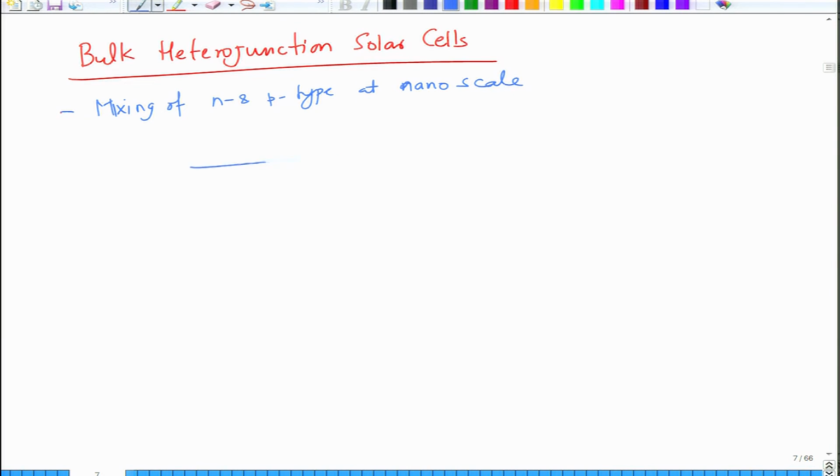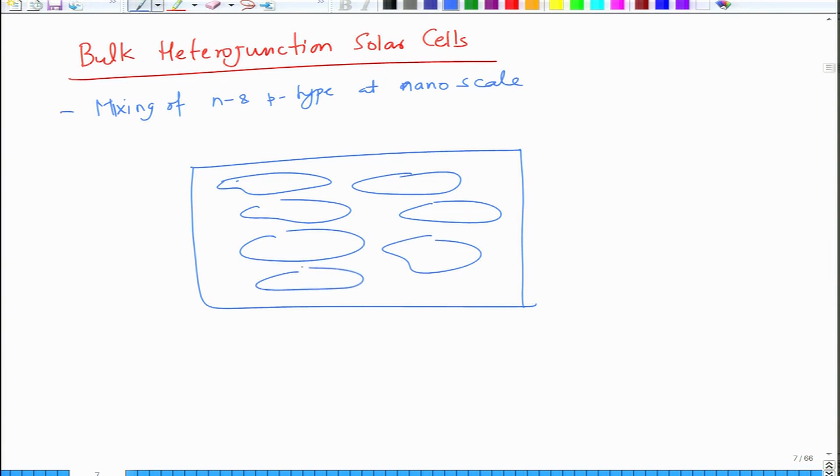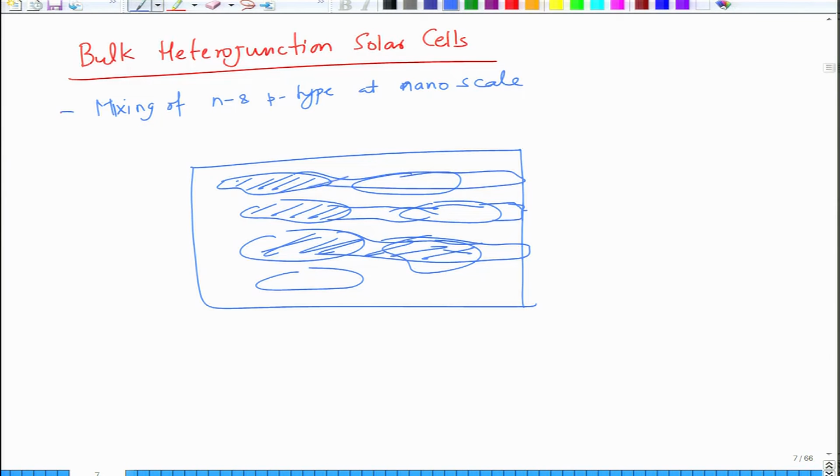So basically you mix these phases in such a manner that they have a continuous contact to the electrode, something like this.